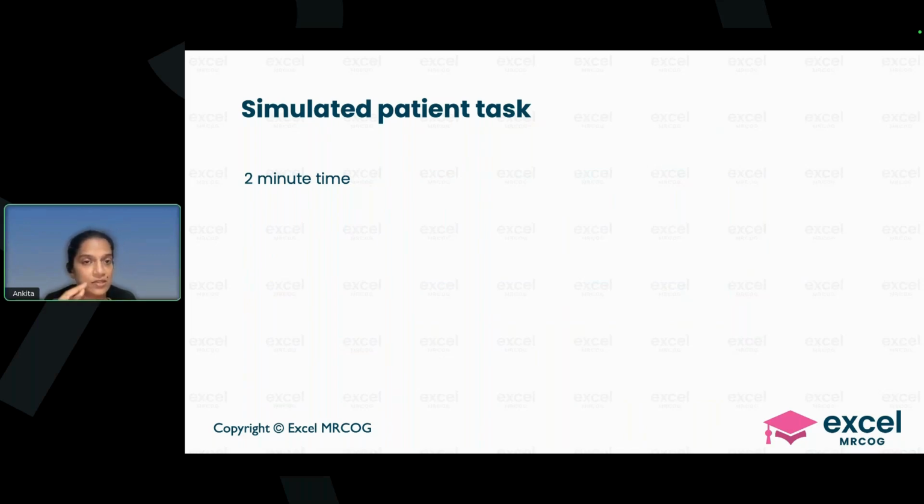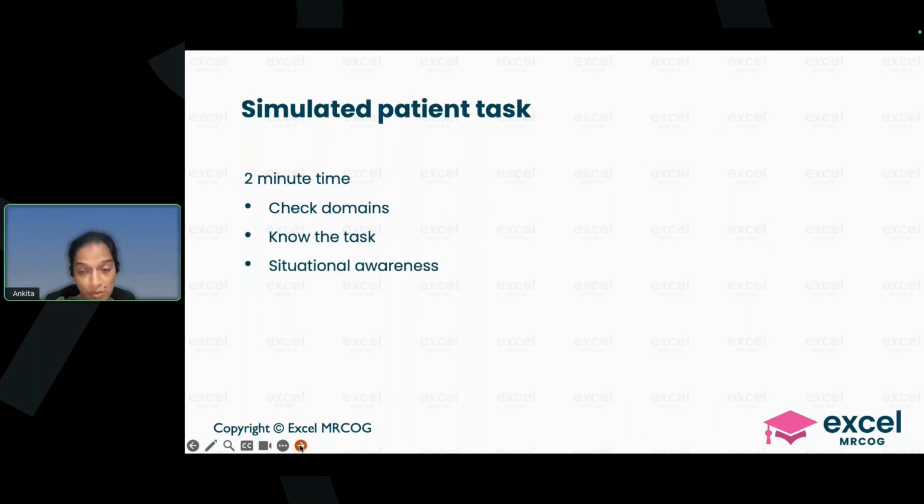You need to know that your simulated patient task, or any task for that matter, will have a 2-minute reading time. What to do in that reading time? It will differ from task to task, but for all the simulated patient tasks, I would say read the task, check what domains, know the task, situational awareness.